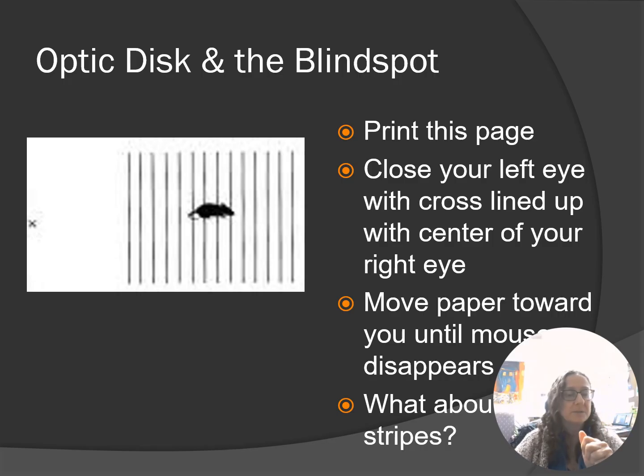And what do you think happens to the stripes? After we've done this in class, people are pretty good at guessing usually. I do this with a blank piece of paper and just an X, Y, Z, and your brain fills in with the piece of paper. Your brain is going to fill in those stripes.